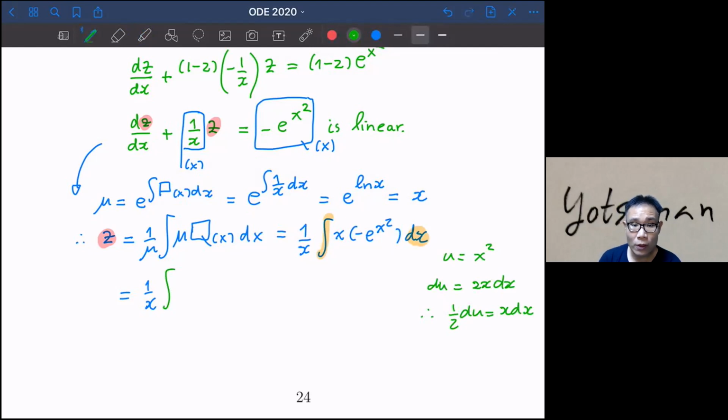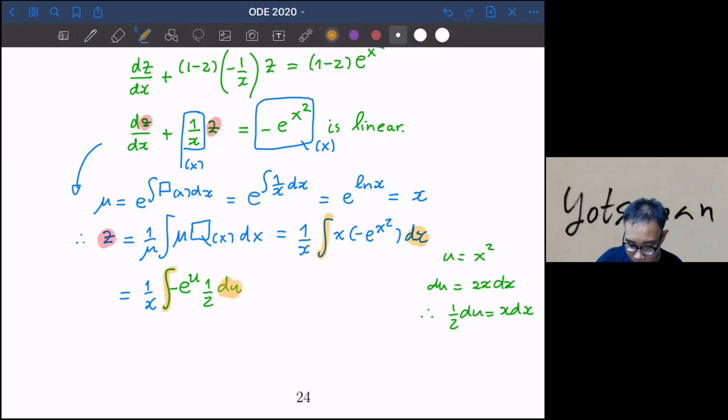So for this one, it's going to be the integral of e to the u, negative, times 1/2 du.